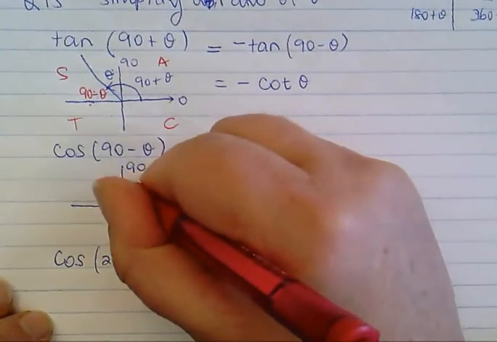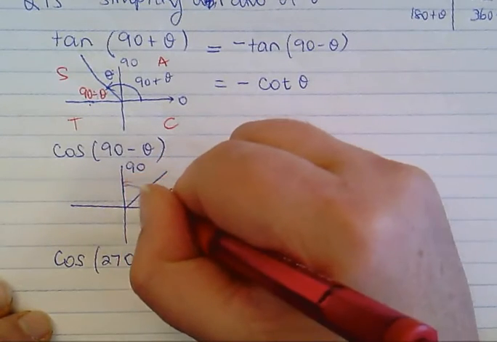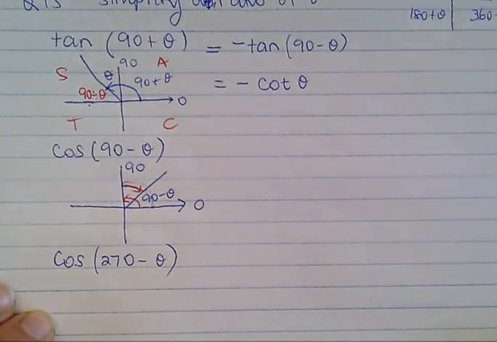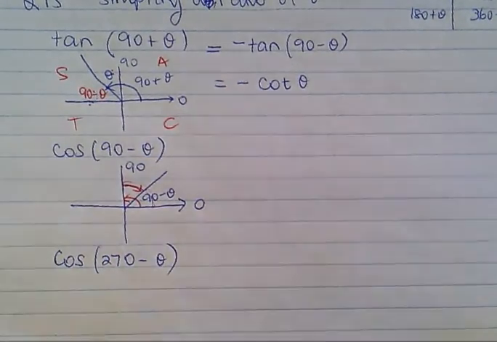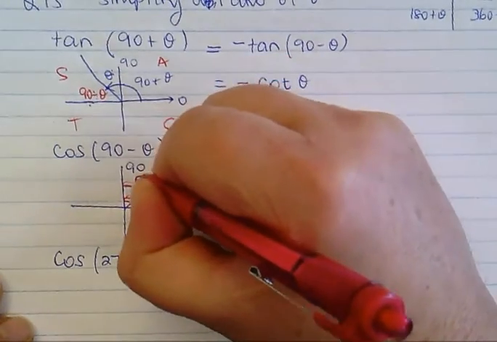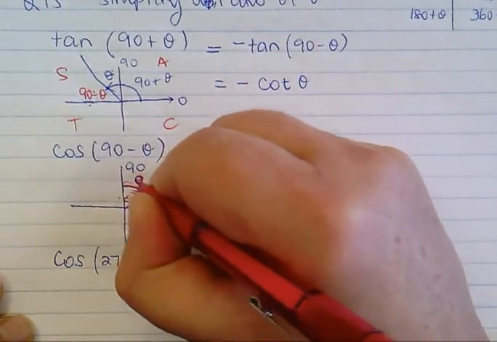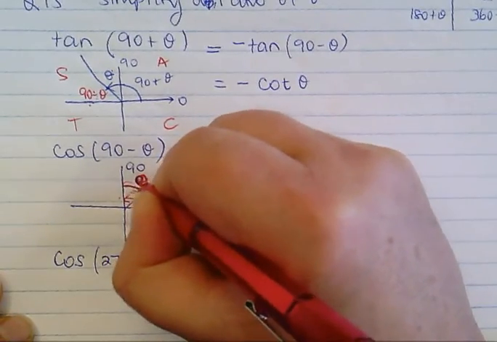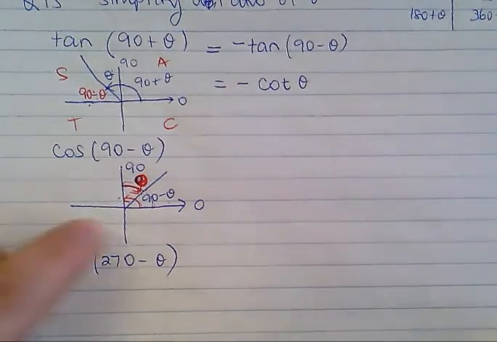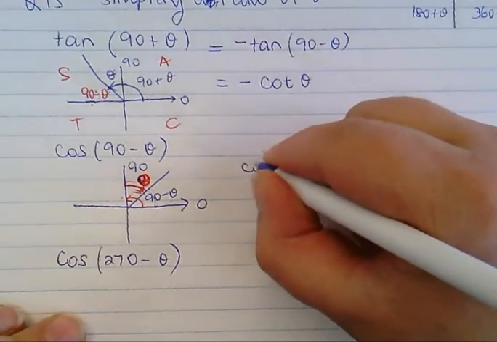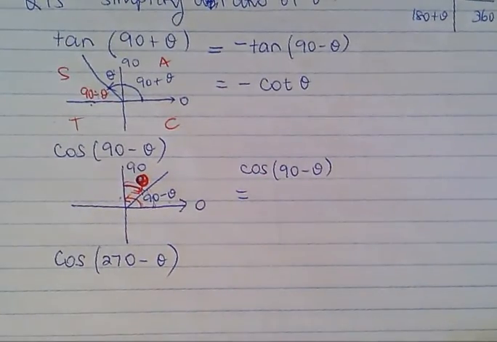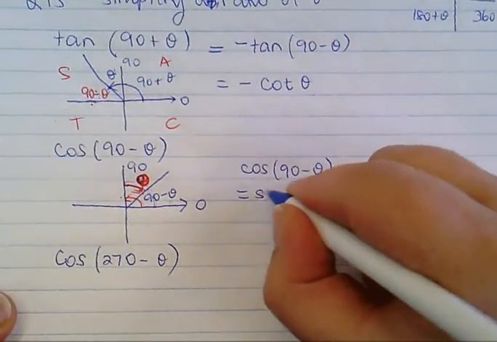Look, 90 minus theta. Oh, so therefore, sorry girls, this is theta. Because I go 90 and I come back for negative theta. So that bit up there is theta. This bit here is 90 minus theta. Cos of 90 minus theta is just the same as complementary, cosine, sine, sine of theta.